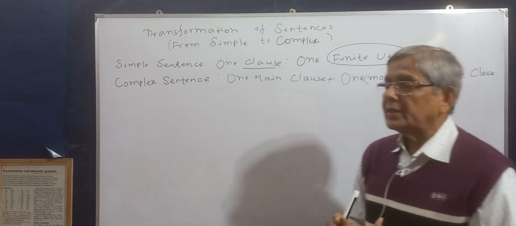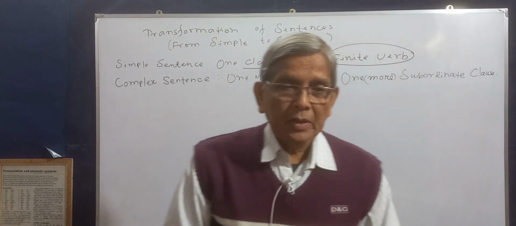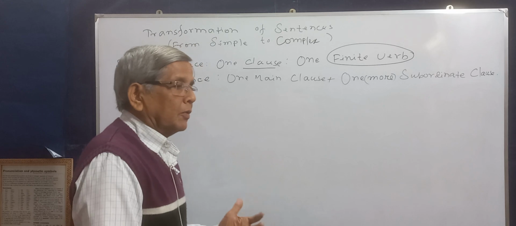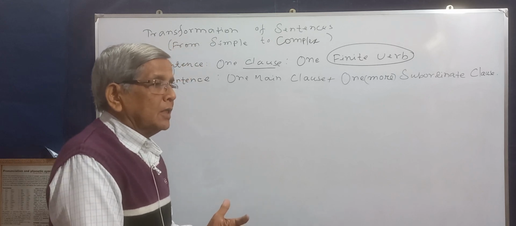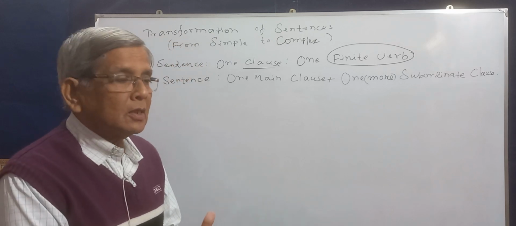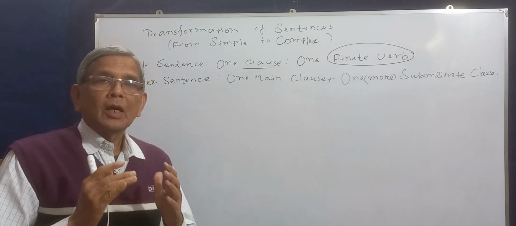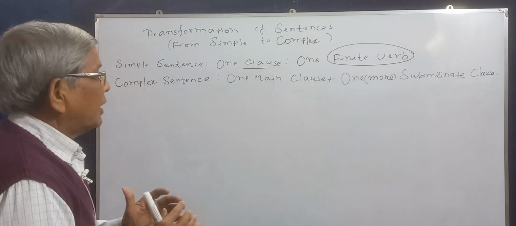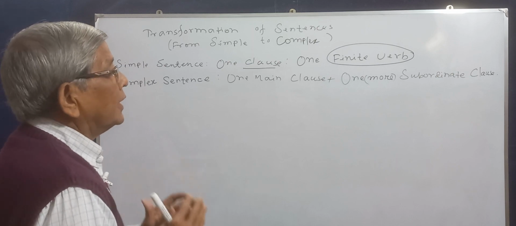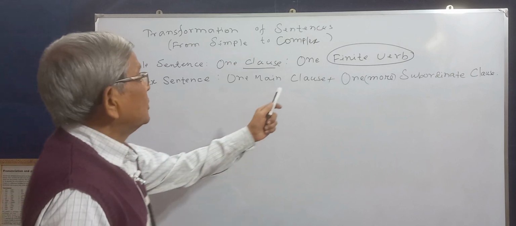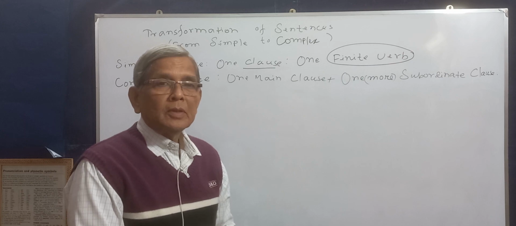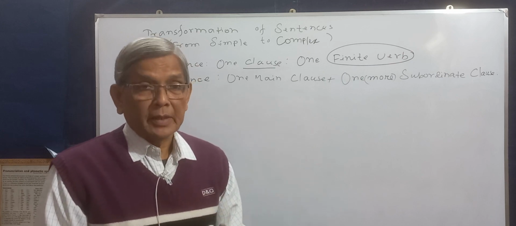Now, before we enter into our main task, that is to analyze the rules for changing a simple sentence to a complex one, we must have a completely clear idea about the features of the finite verb.